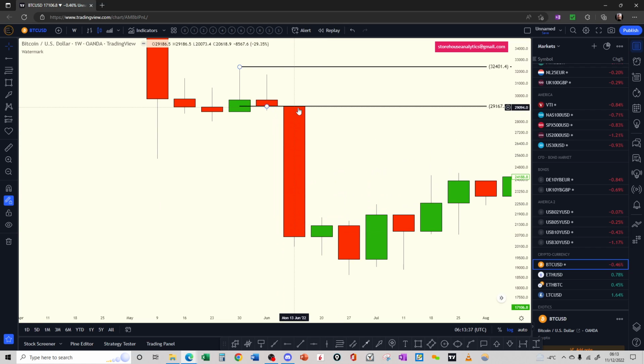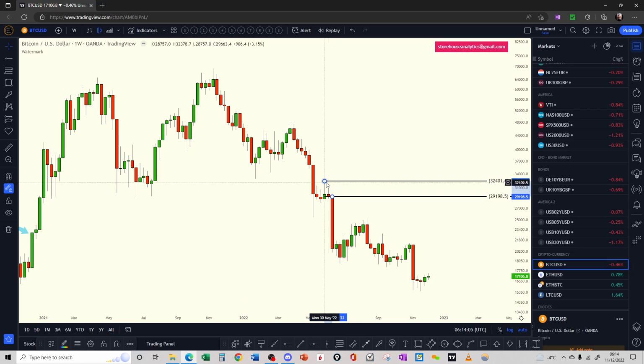And again, in this instance, the third option of putting it at the origin of the large move out just so happens to also line up with the body of the candle preceding the move out. Okay, that's just the case in this instance. It's not always the case.